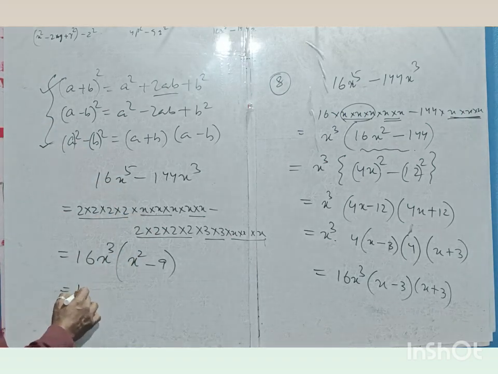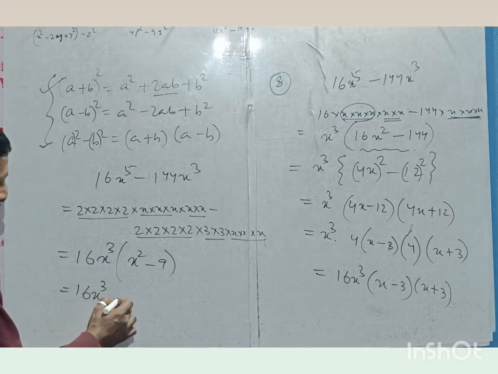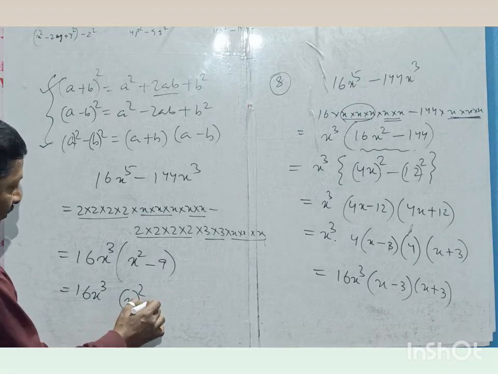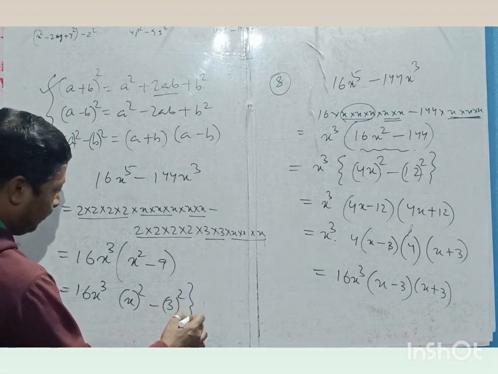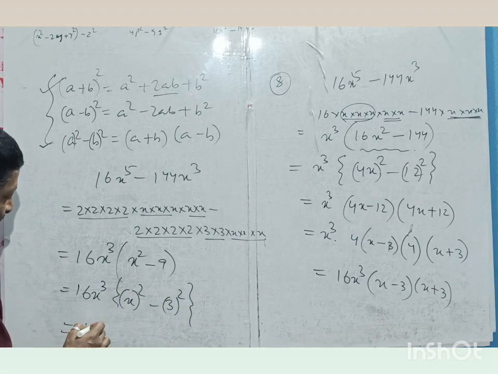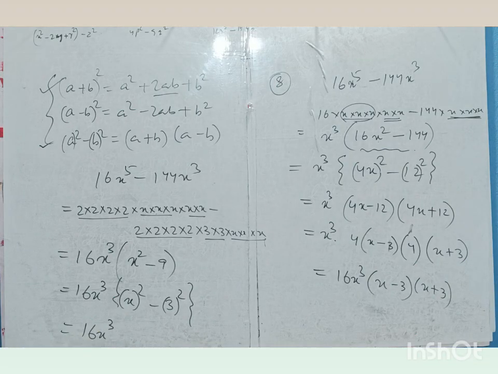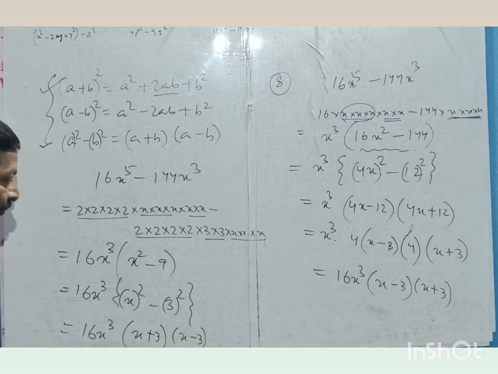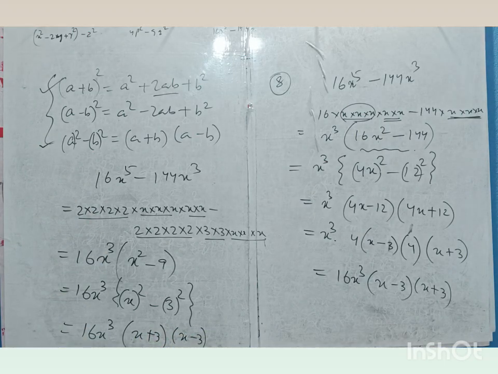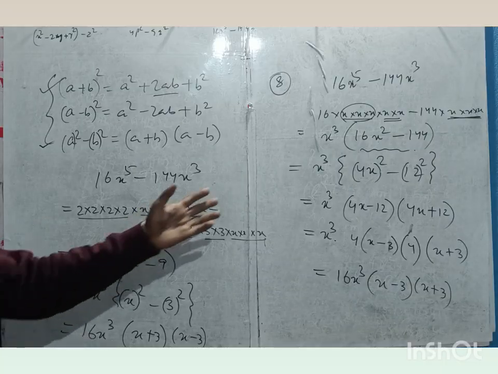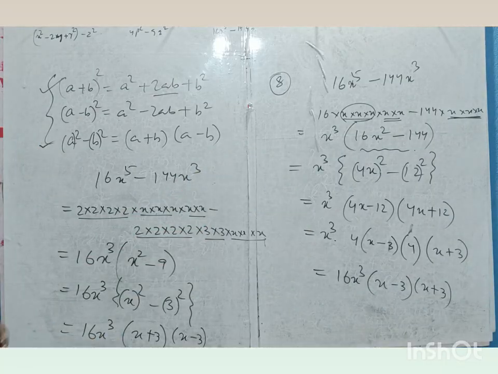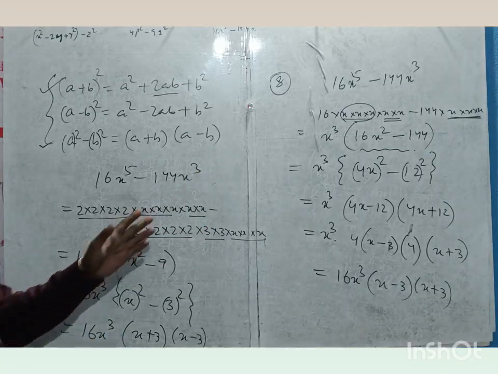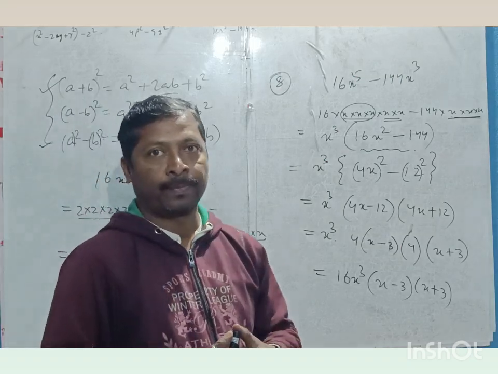So 16x^3 into x squared minus 3 squared, that is, a plus b into a minus b. This is also a process, but shorter than the other one. So you can prepare this process, and also the other process.